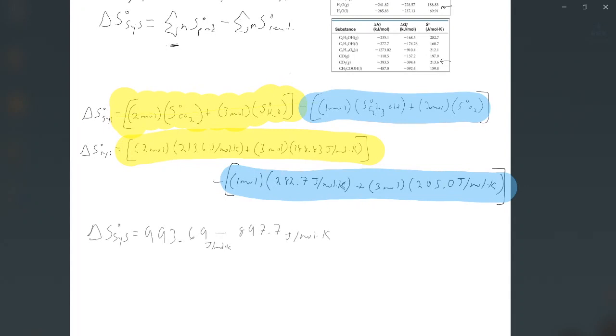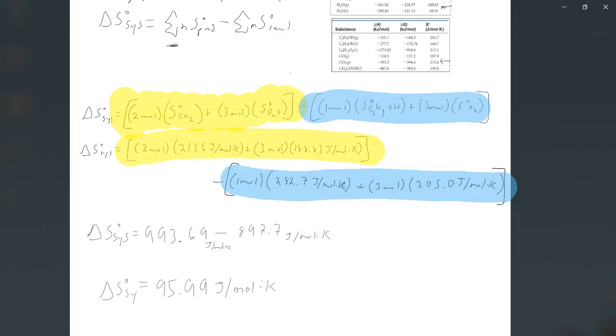Then actually solving this problem, you end up with an answer of 95.99 joules per mole Kelvin. Let's fix that real quick. So that would be your delta S naught of the system. And do we have the right amount of sig figs?